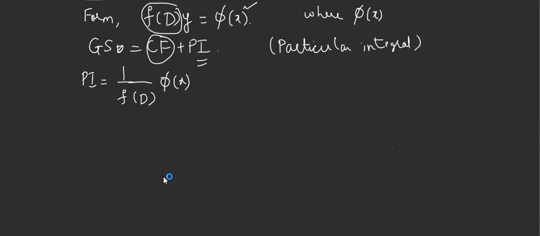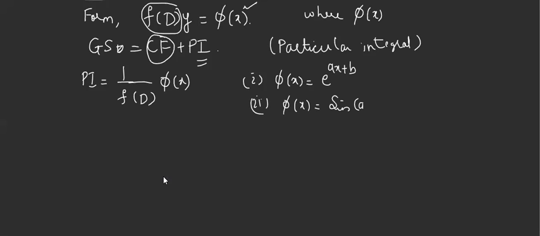Now, for your study, you have 3 cases. Phi of x may be exponential, of the form e to the power ax plus b. We call it type 1. Second, it may be of the form sine of ax plus b or cos of ax plus b. Feel lucky, because there were 5 cases; for the 18 syllabus they have reduced it to only 3.